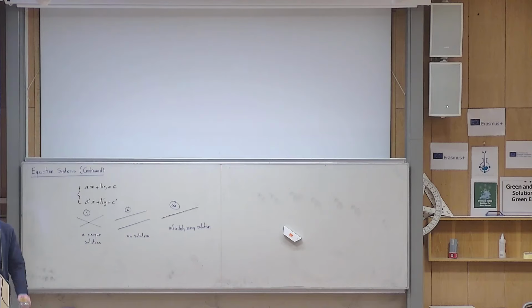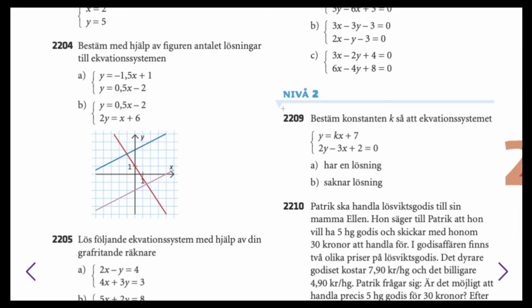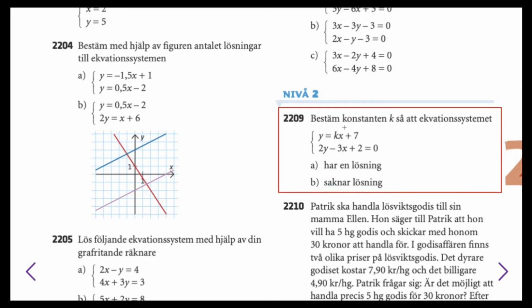So one type of problem is this problem. I want you to understand these kinds of problems. Determine the constant k so that the equation system you see here, in part A, has one solution, and in the other part does not have any solutions. These kinds of problems are different from solving the system.